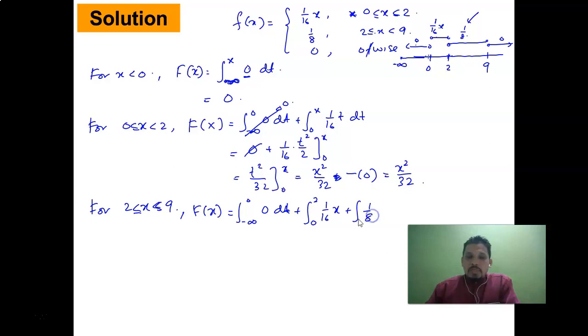So 1 over 8 from 2 until x dt. Again this first one gives you 0. And what about the rest now? 1 over 16, integral of t.